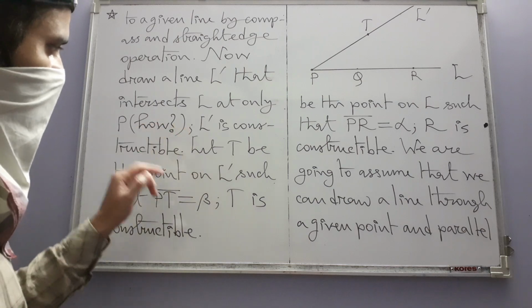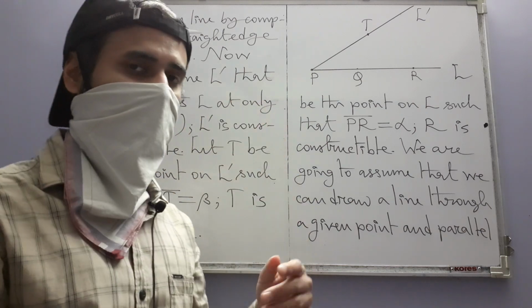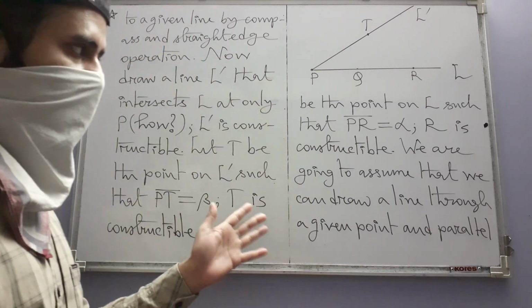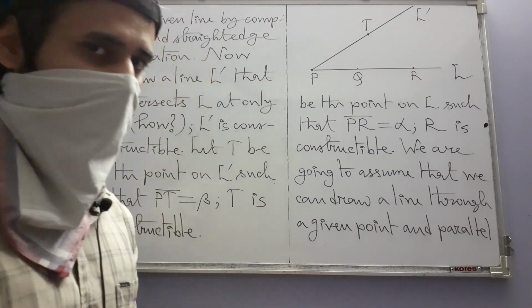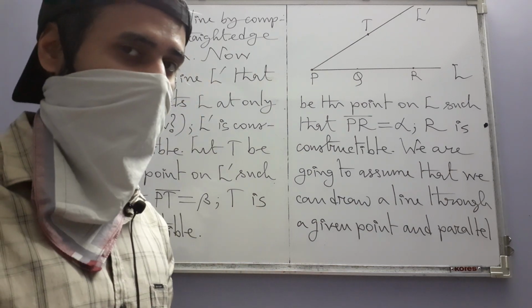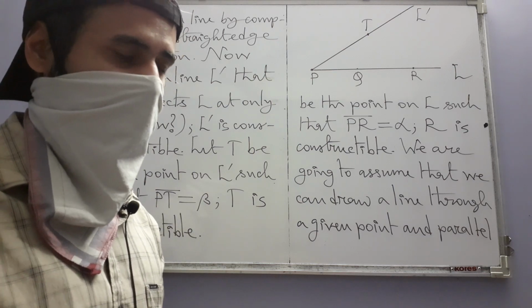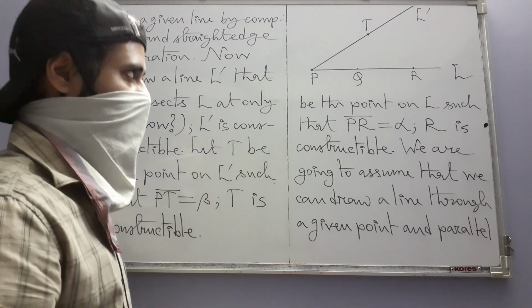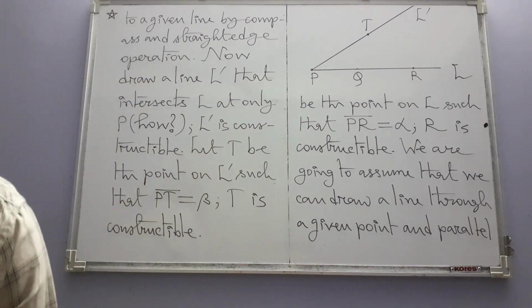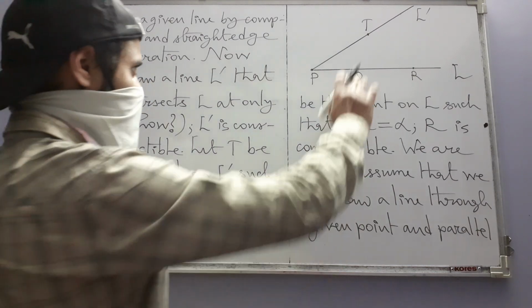Note one thing, that although we have assumed alpha to be greater than 1, we have not imposed any such restriction on beta. The only restriction on beta is that beta is neither 0 nor 1. It may be greater than 1, it may be less than 1 also, and it does not matter. Okay, so T is constructible.